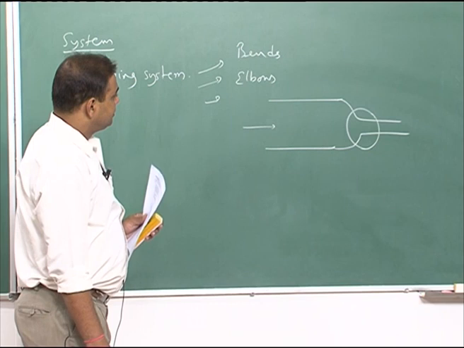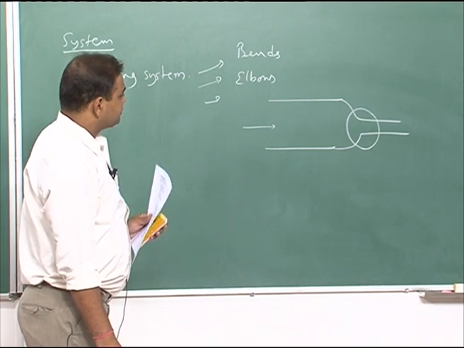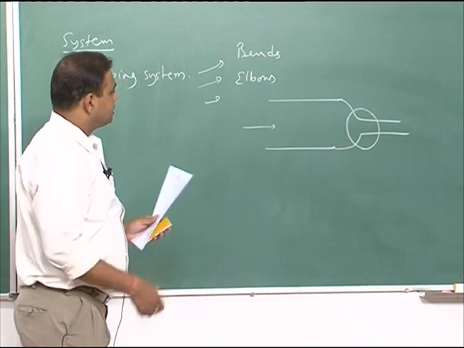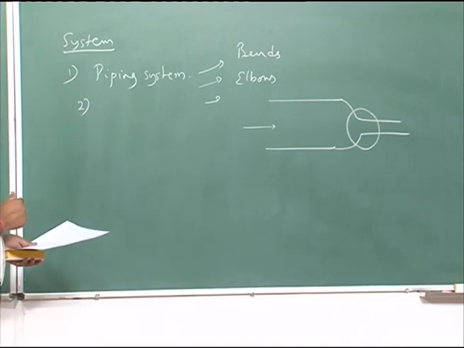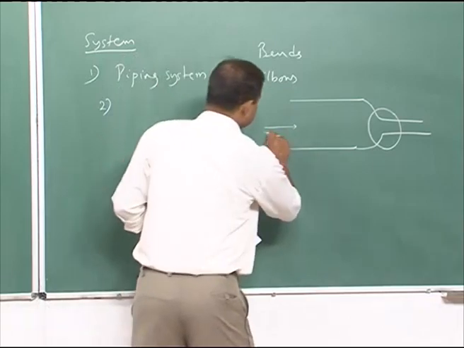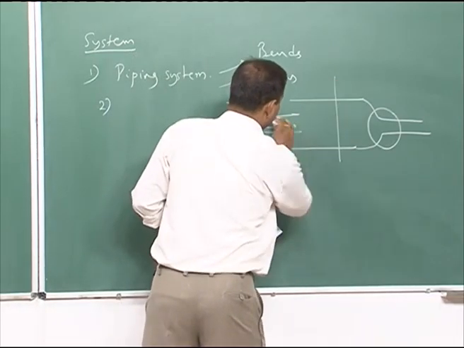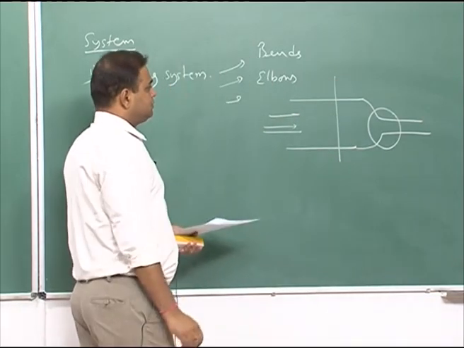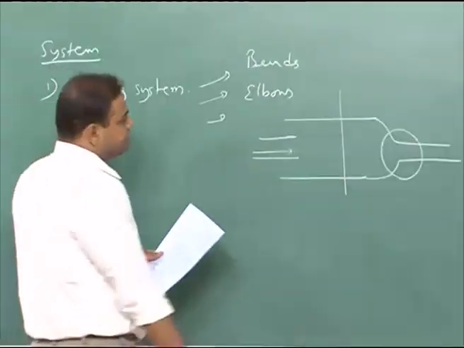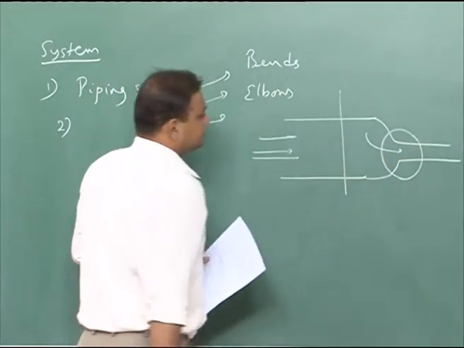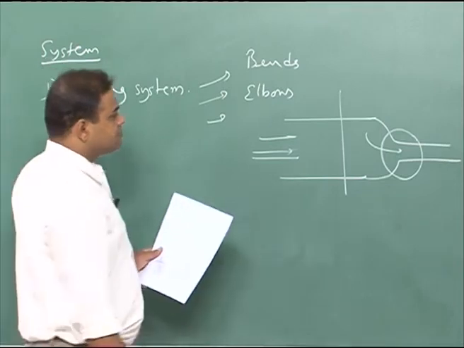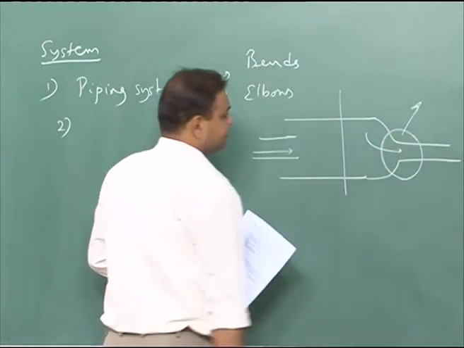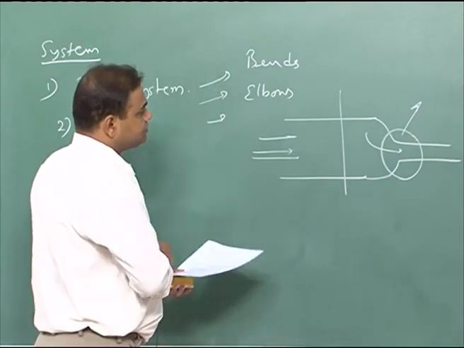Why? This is also under the effect of turbulence. In the large section we have laminar flow, and suddenly when it enters into a smaller cross-section area, there will be a lot of turbulence.